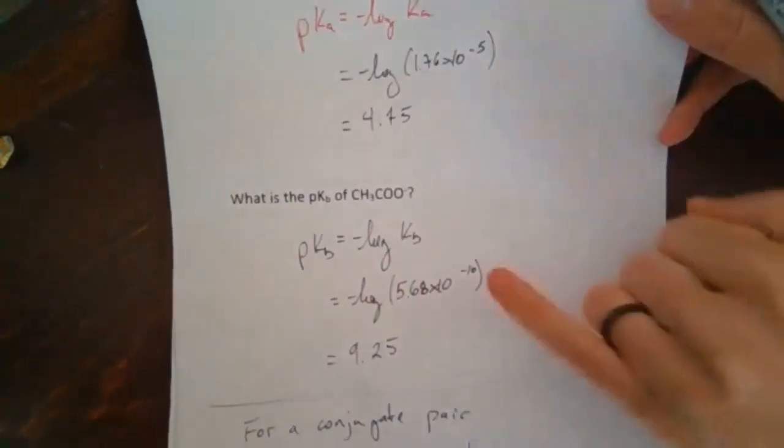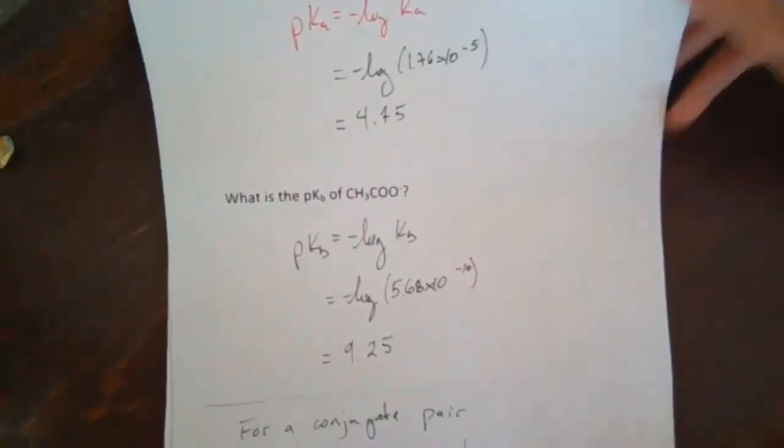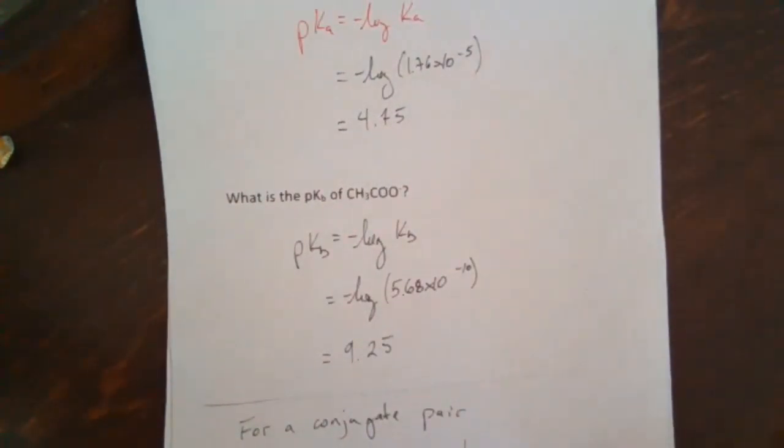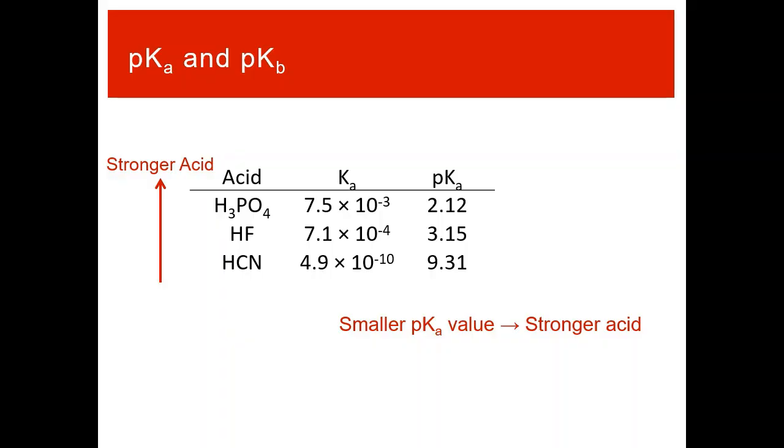It's related to the fact that Ka times Kb gives you Kw. It's the same relationship, just if you apply the logs, you would work it out like that. So when we're dealing with pKas, smaller pKa values correspond to stronger acids, in much the same way that low pH corresponded to more acidic solutions.